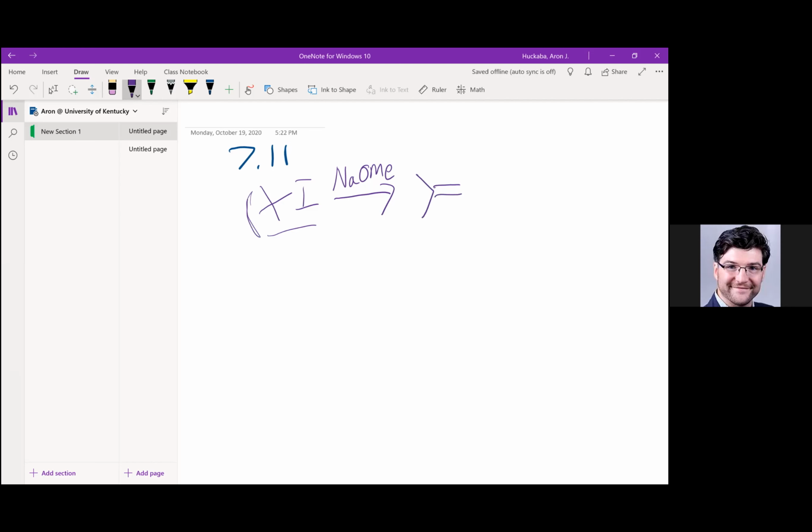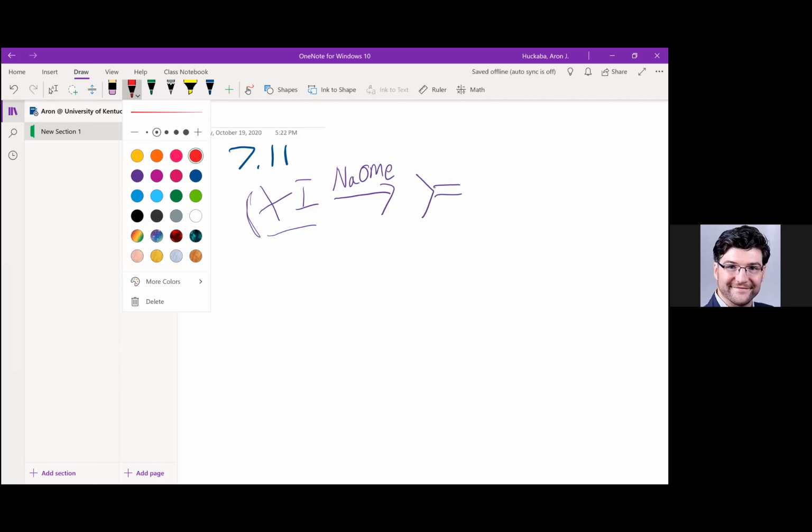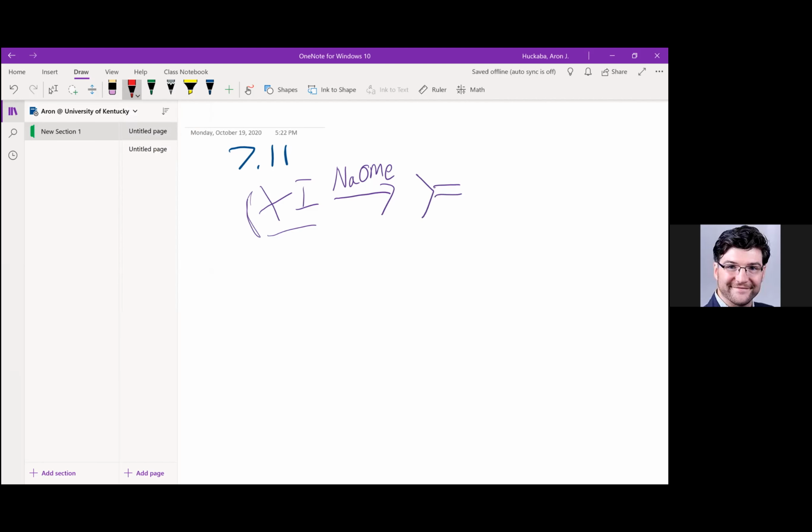But let's take a different example. We're going to treat this with sodium hydroxide. How do you know what the product of this reaction is, and whether it is a substitution or elimination reaction?